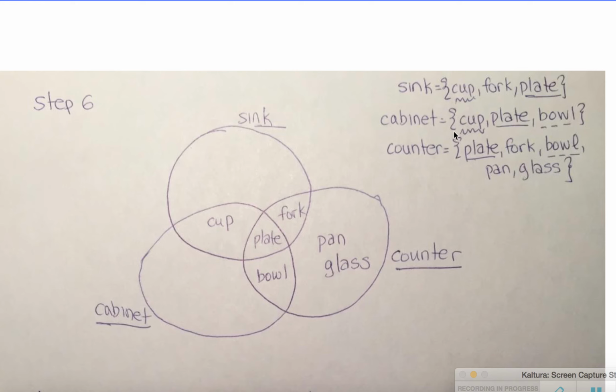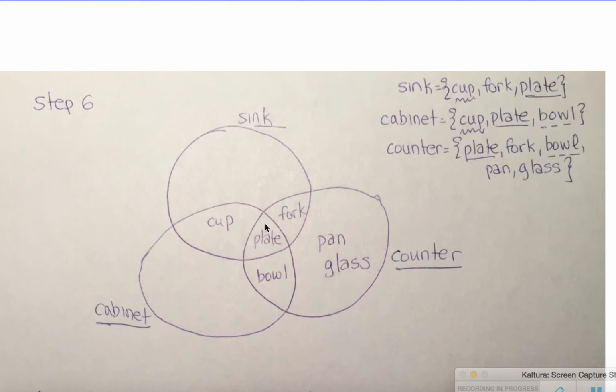And the cup we talked about previously, we put here in this area because both the cup and the plate are common in the sink and in the cabinet. So it's this area right here. This whole area is common to both sets. And this area right here is common to all 3 sets.